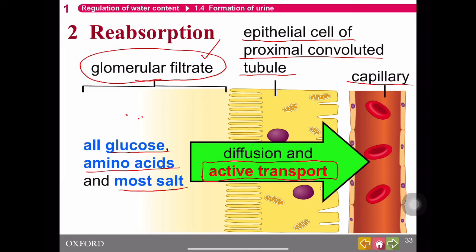And in the proximal convoluted tubule, all glucose and amino acids and most of the salts can be reabsorbed back to the capillary. So no glucose and amino acid will be lost in the urine.